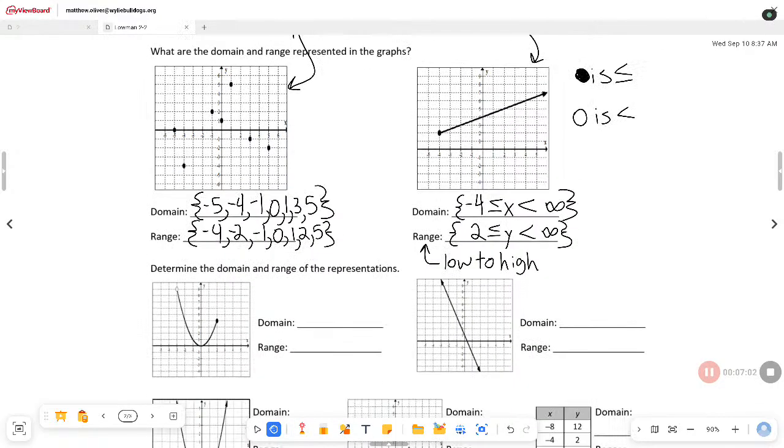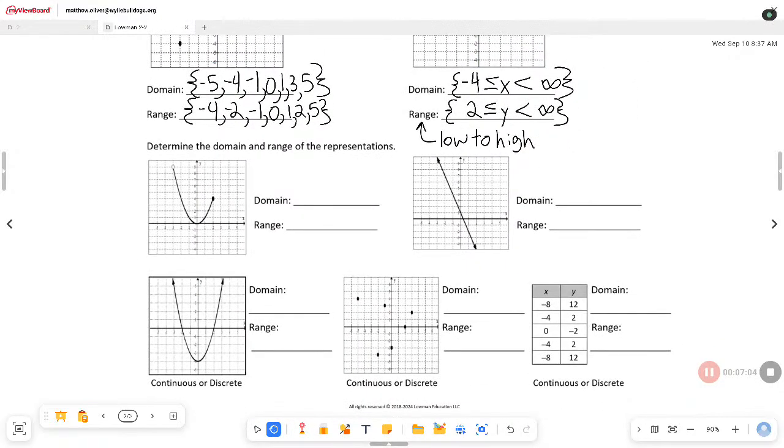We're also going to run into some where you have dots on both ends. So when I'm looking for a domain, and for these, it helps sometimes if I label the point. So this is (-3, 9), and this is (2, 4).